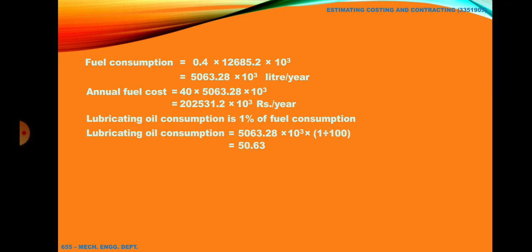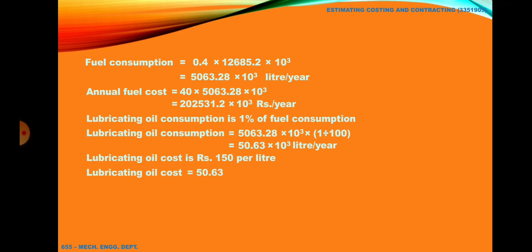So it is equal to 50.63 into 10 raised to 3 liter per year. Now lubricating oil cost is rupees 150 per liter. So lubricating oil cost equals 50.63 into 10 raised to 3 into 150. So it is equal to 7,594.5 into 10 raised to 3 rupees per year.